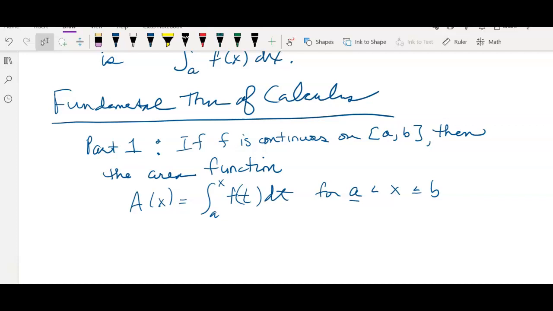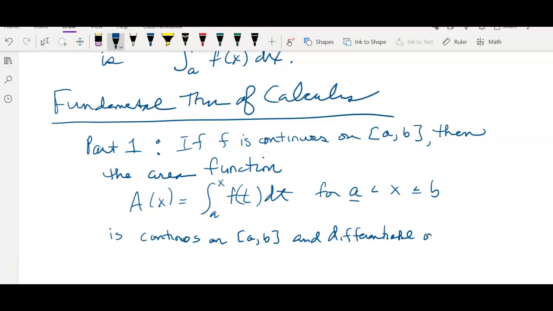So it provides a neat little relationship. Then this area function is continuous and it's differentiable. Now, for continuous you can include endpoints.